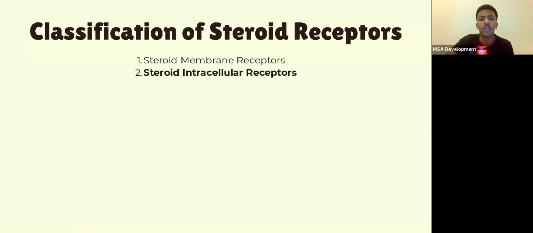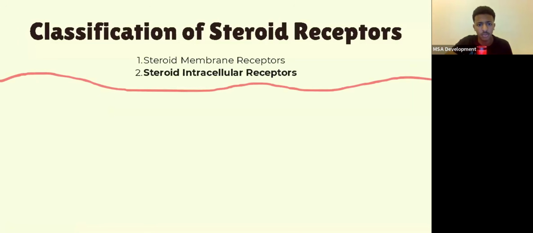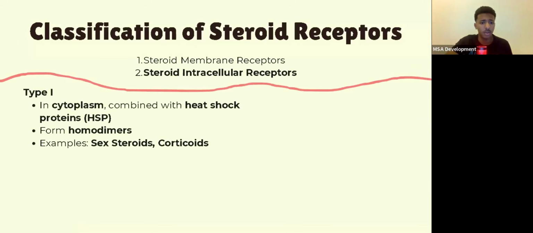The second one is steroid intracellular receptors. Now let's divide this class into two. Type 1 of steroid intracellular receptors are found in the cytoplasm. Okay. Everything which is highlighted could be a question. It's found in the cytoplasm. It's combined with HSP, heat shock proteins.